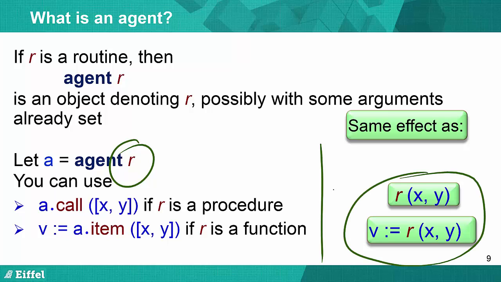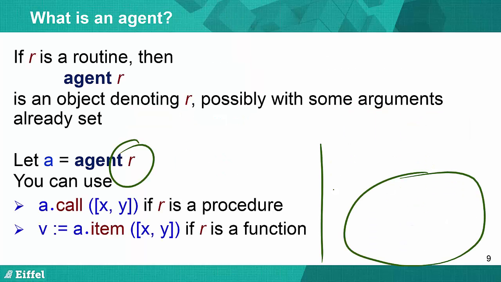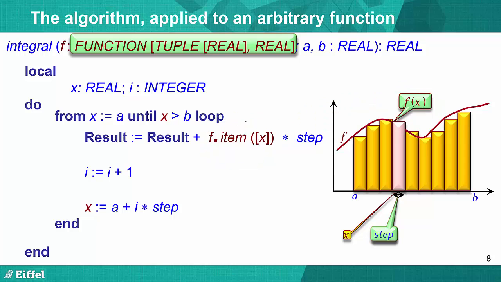But on the left-hand side, we're just given an agent and told, call it if you like. And that's exactly what happens in our example with the integration. We have here item applied to a function f, and we don't know what f represents. It could be sine, it could be cosine, it could be square root, so we pass it a tuple.